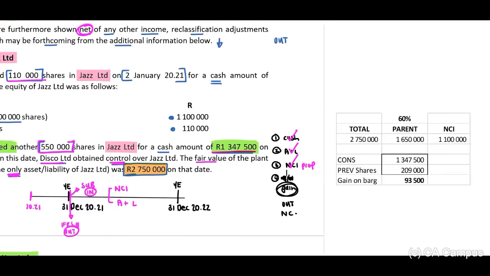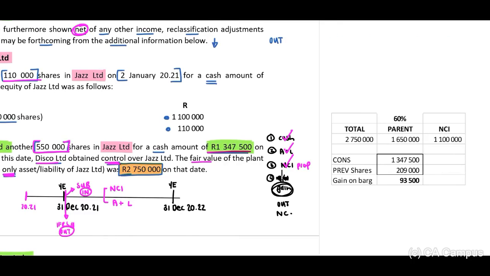bargain purchase. Now, you will identify, if you look at this table, very similar in terms of your analysis of owner's equity. This is just something that I prefer to do because it reminds me of all of the different elements that I need to take into account. I have my total column. I have my column relating to my parent and my column relating to my NCI, which I have transferred. Then my consideration, I have the 347,500.